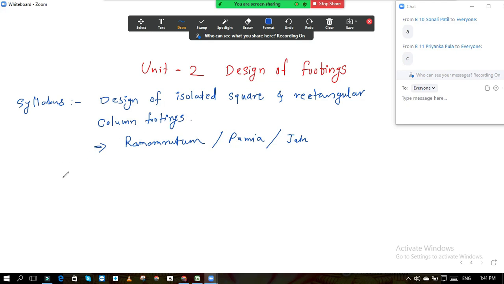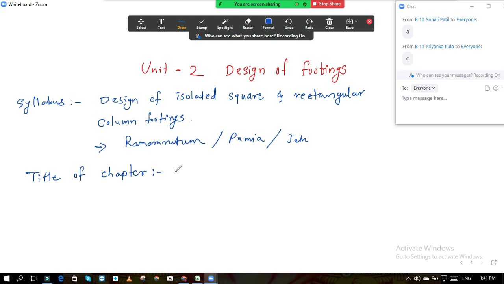Moving further, now about the title of the chapter. The title of the chapter is the design of footings. This is important, so write it down.